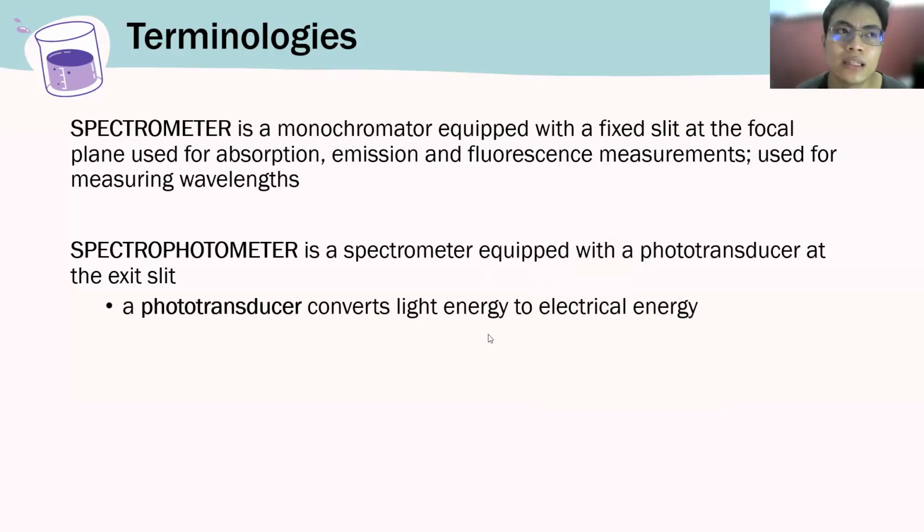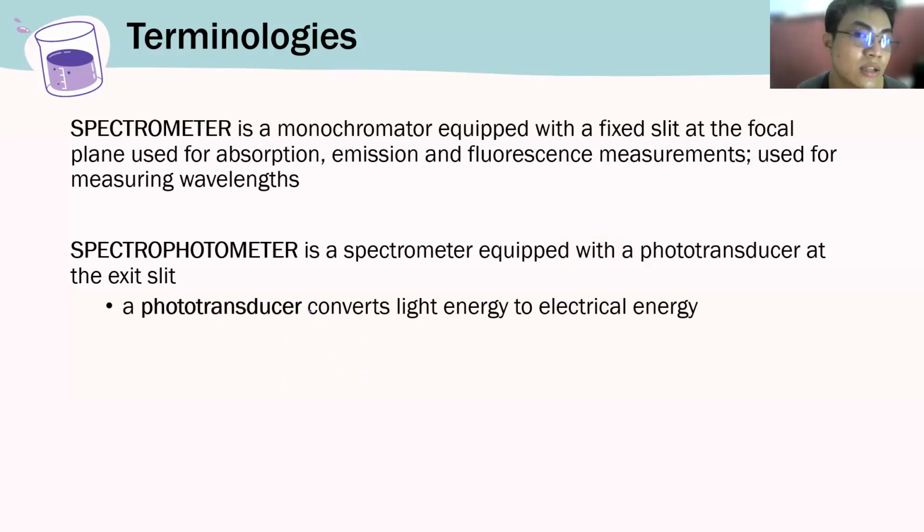Para magkaroon kayo ng idea how light gets converted into electrical energy. This phototransducer was actually the reason why Albert Einstein won the Nobel Prize in, I'm not sure if 1905. Basta nanalo si Albert Einstein ng Nobel Prize.